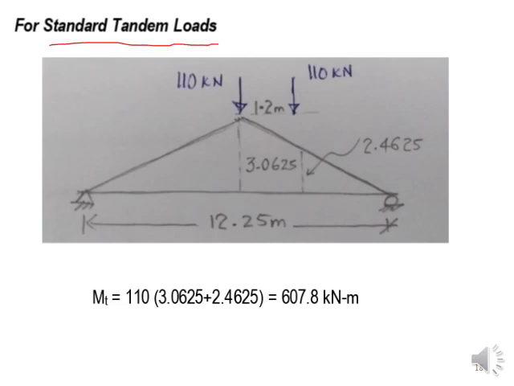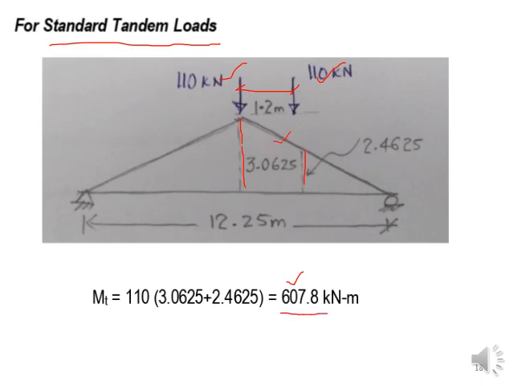Similarly, for the standard tandem loads, 110 kilonewtons, 110, the distance in between is always 1.2 meter. So that is fixed, given by the H2. You are placing it again, preferably with one wheel on the maximum ordinate. Okay, so that particular position is going to give you the maximum answer. You can change it, and you can also see by yourself whether any other location or position can give you an answer more than 607.8, you can check for that.